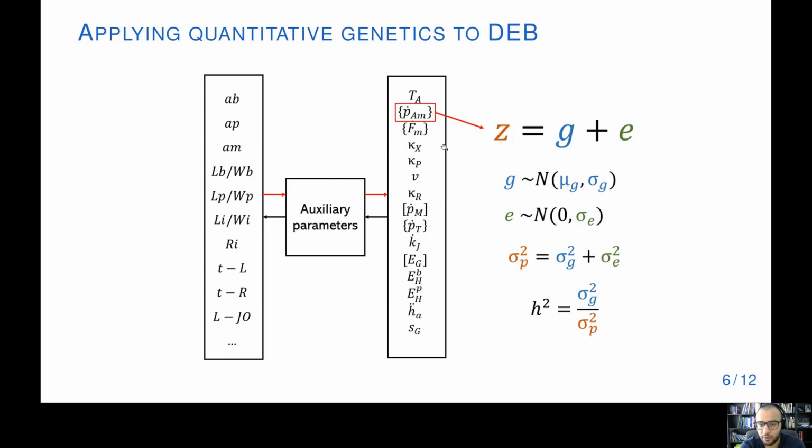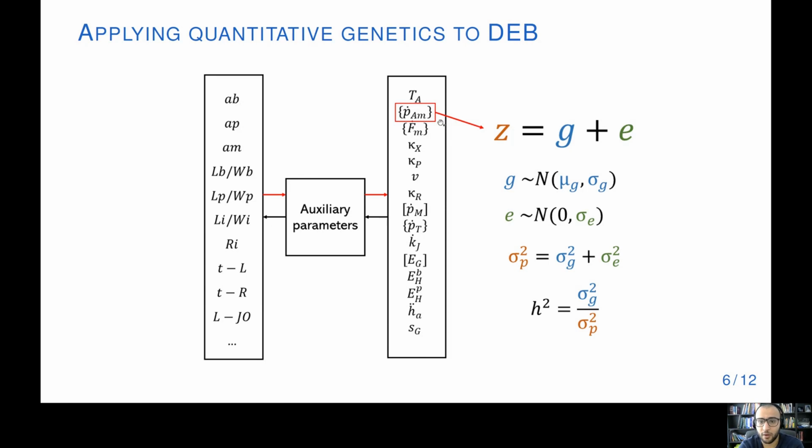In further illustrations of the model implementation, we considered the case where area-specific maximum assimilation rate, which is a DEB parameter, also shortened to PAM, is assumed to be variable in a population, an approach that is also popularly used in DEB-IBMs to introduce individual variability in a population.